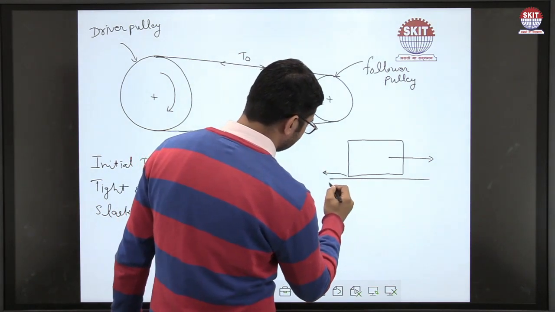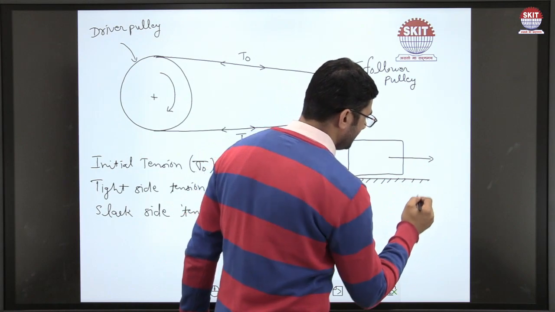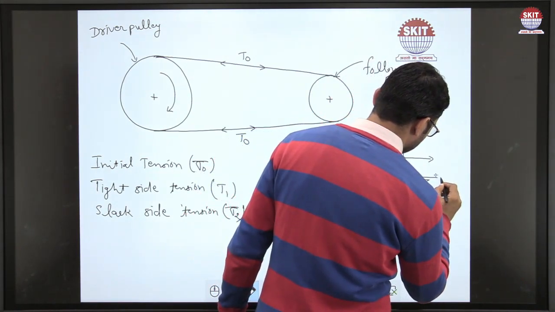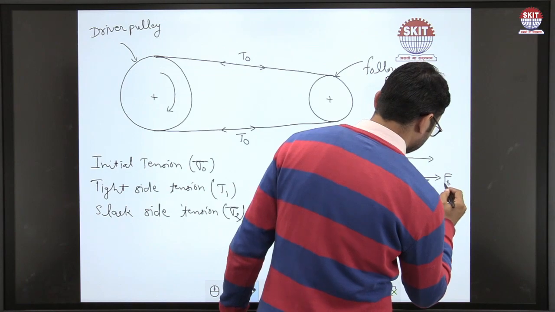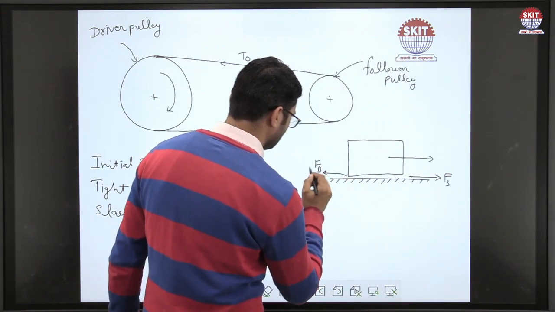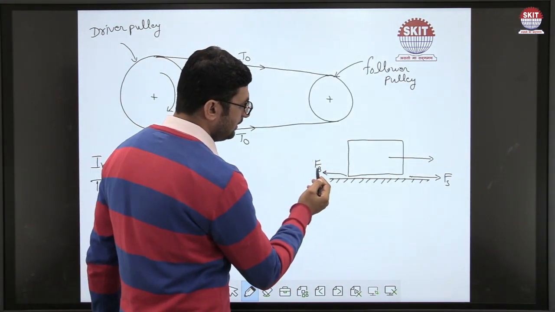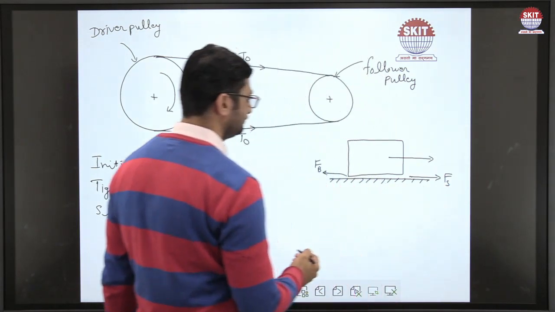and the fixed surface also has friction, and the direction of its friction force is the same as the motion. Fb is the friction force on the body surface and Fs is the friction force on the fixed surface.